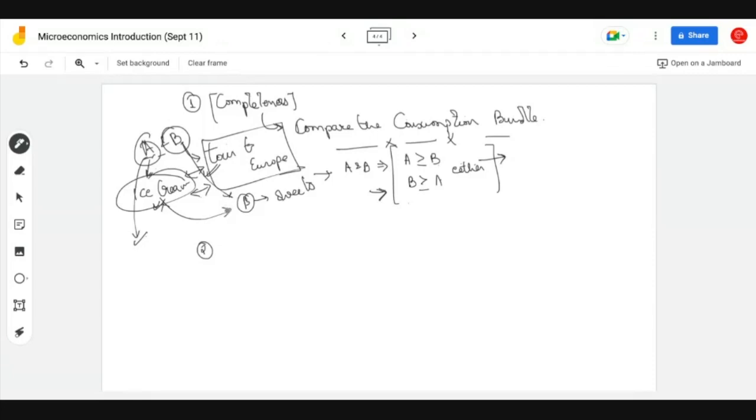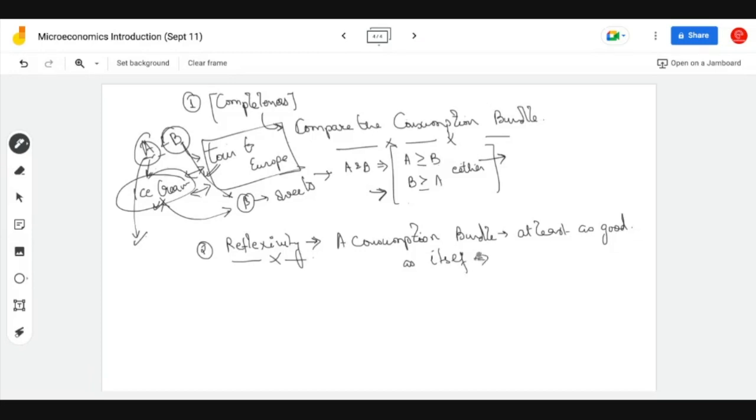The second assumption is reflexivity. Reflexivity says that a consumption bundle is at least as good as itself.